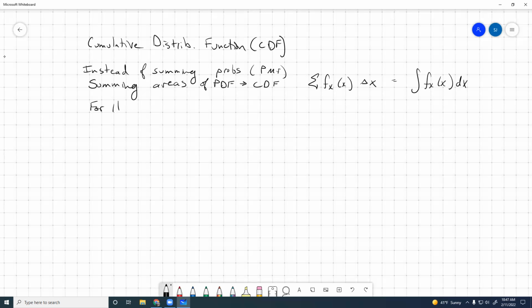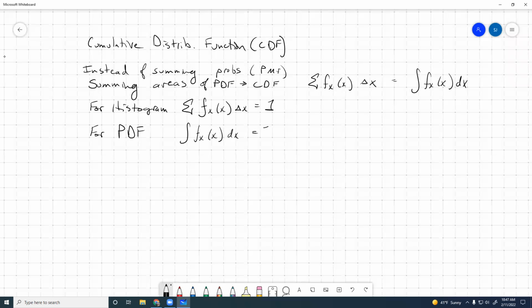For a histogram, if we sum up all the areas under that histogram, assuming they have probability density values, and we multiply by the bin width, we get 1. But for a PDF, a continuous distribution function, we're integrating. And we just demonstrated that with the triangle.